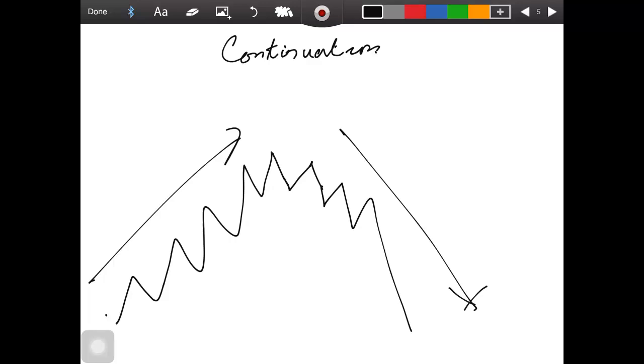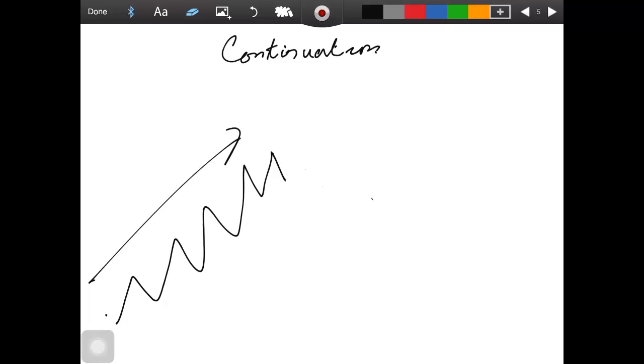It can go on for 2 months, it can go on for 3 months when the trend is very, very strong. What you usually have in a very strong uptrend is a situation whereby the market goes up and then it breaks, does a little bit of correction, and then does a big move upward.